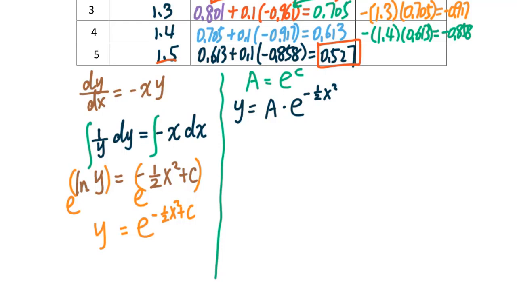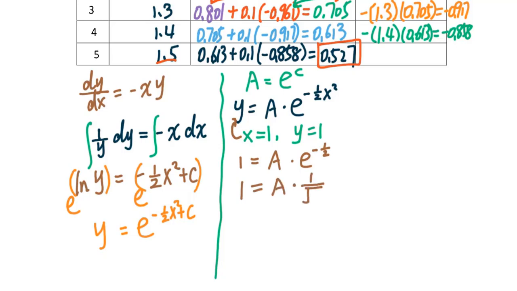Now we know the initial condition x equals 1, y equals 1. Therefore, we substitute this into the function. You will get 1 equals a times e to the negative 1/2 power. So organize, you will get a times 1 over square root of e. Multiply by square root of e on both sides, you will get a equals the square root of e. Therefore, y equals square root of e times e to the negative 1/2 x squared power.